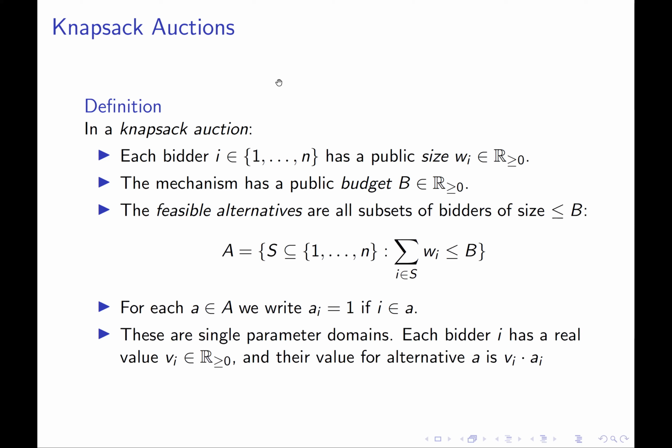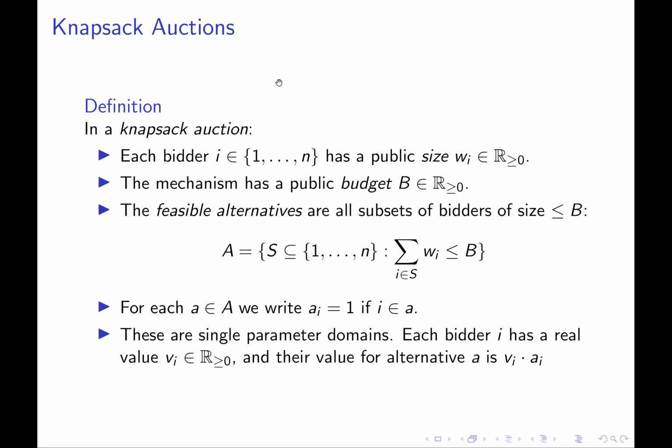And knapsack auctions are a single parameter domain of the sort that we studied last class. That just means I know ahead of time that everybody would prefer to be a winner than to be a loser. The only thing I don't know as the mechanism designer is how much they value winning. Every bidder will have some private value for winning, unknown to me.